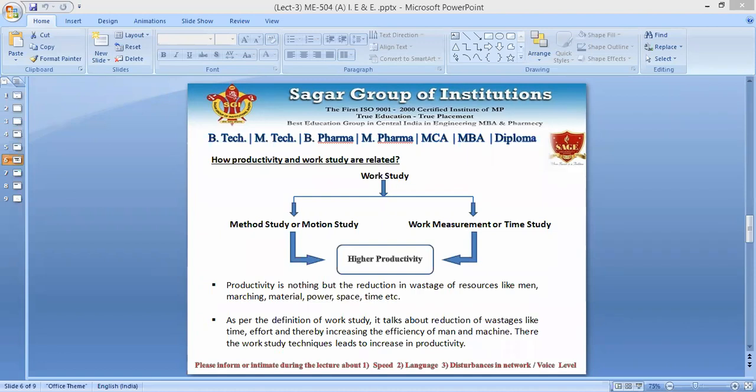Productivity and production are different. Say a farmer has an acre of land, and he produces say 100 kgs of wheat. If he needs to make it double, then he has to go for 2 acres.